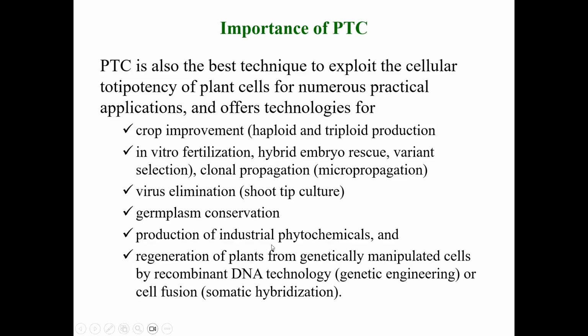Production of industrial phytochemicals is another point. We have lots of medicinal plants. They produce secondary metabolites useful as phytochemicals for our medicine, cosmetics, and others. In that case, if you cut the plant and extract the phytochemicals, it is not wise because you need lots of plants, and you cut and destroy them.